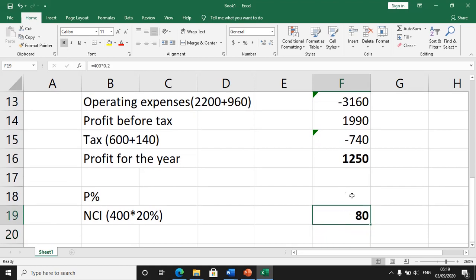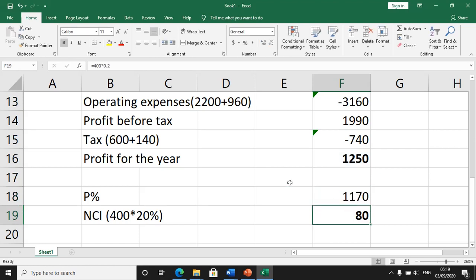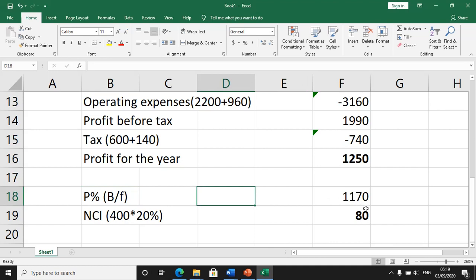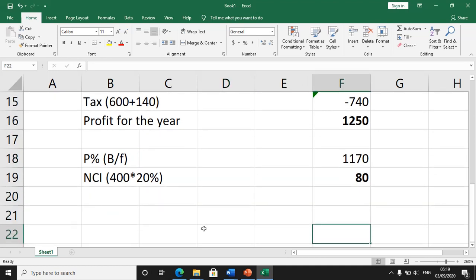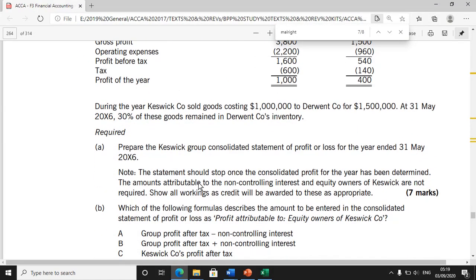Okay, so that parent share of all the resources in the group will be 1250 minus 80. So this is a balancing figure. We call this balancing figure. Okay, so that's what you have there, and you have sorted out some of the things that you were supposed to sort out initially.